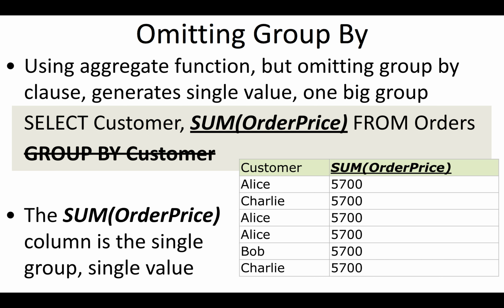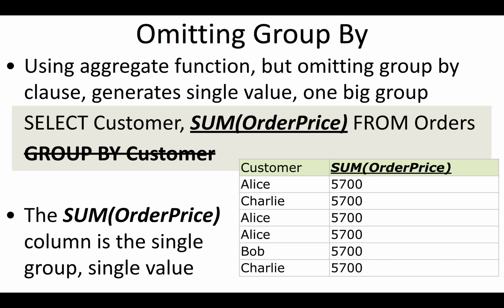Now, if you have an aggregate function like sum but do not have a group by, then the database interprets this as meaning you want to take the entire data set in a table and treat it as if it were a single group.